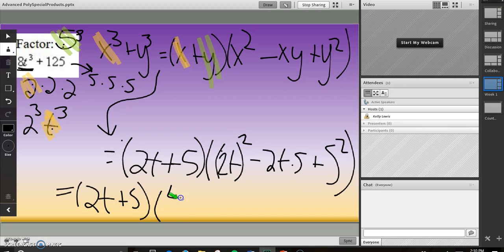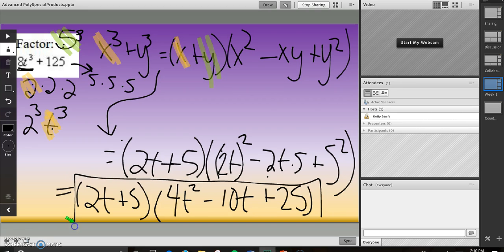So 2 squared is 4, t squared is t squared, minus 2 times 5 is 10, and then 5 squared is 25. All right, so that's your answer.